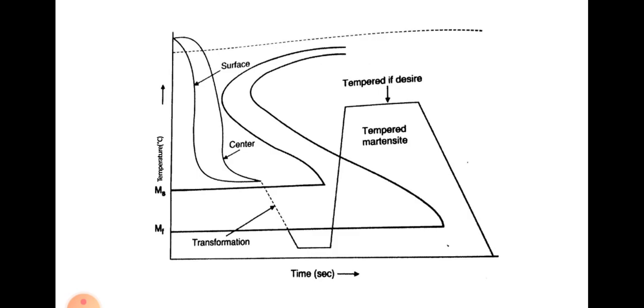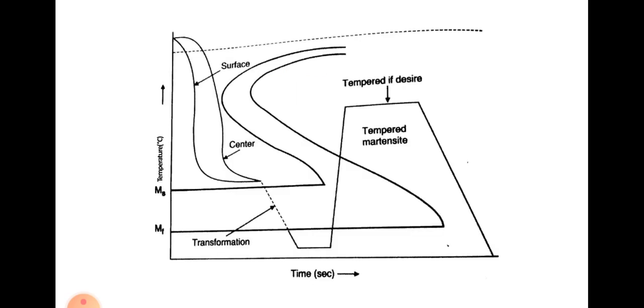Martensite is a phase which is very hard and brittle. So hardening means increasing the hardness of the material, and that is possible when martensite is obtained. The first type of hardening is martempering, where martensite is obtained by the cooling process.